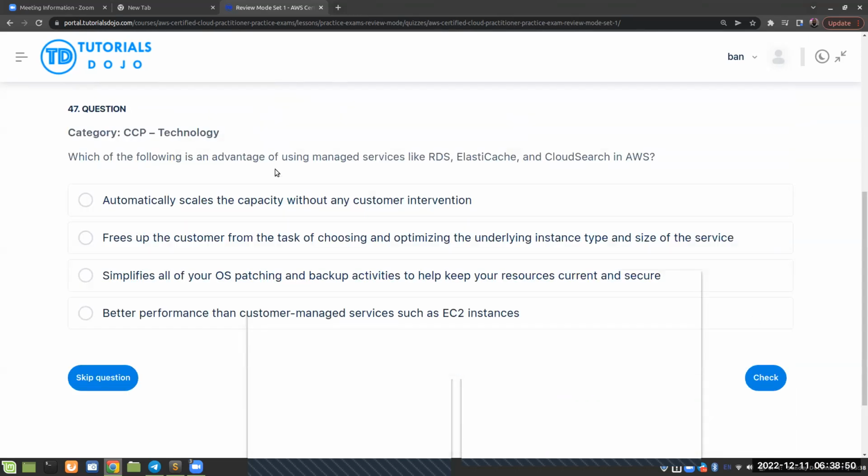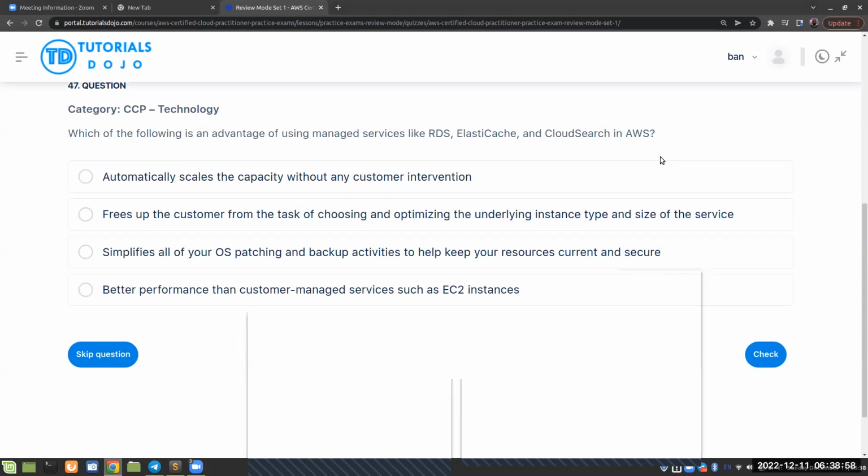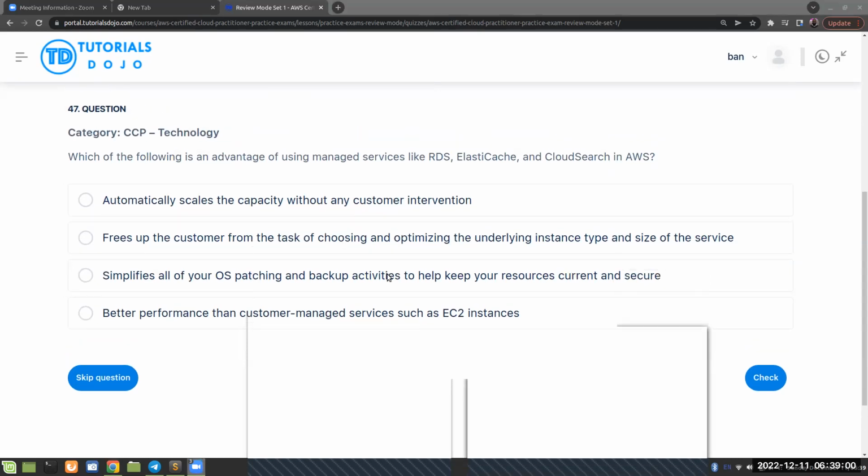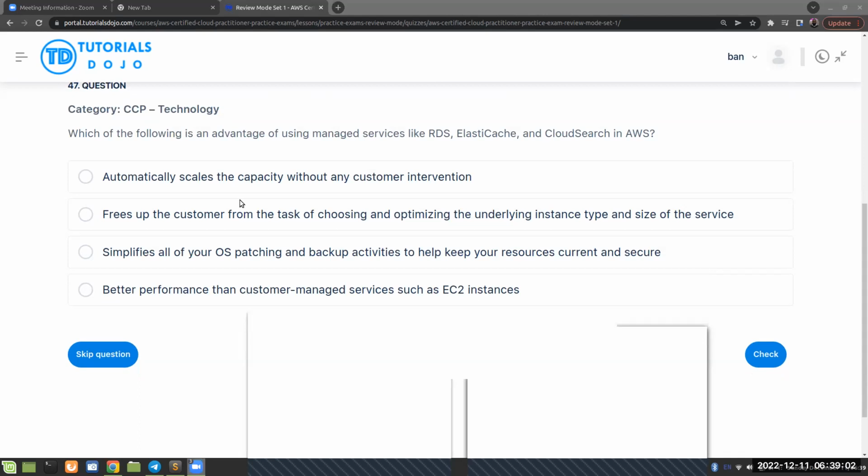Which of the following is an advantage of using managed services like RDS, ElastiCache, and CloudSearch in AWS? Automatically scales the capacity without any customer intervention, frees up the customer from the task of choosing and optimizing the underlying instance type and size of the service, simplifies all of your OS patching and backup activities to help keep your resources current and secure, better performance than customer managed services such as EC2 instances.